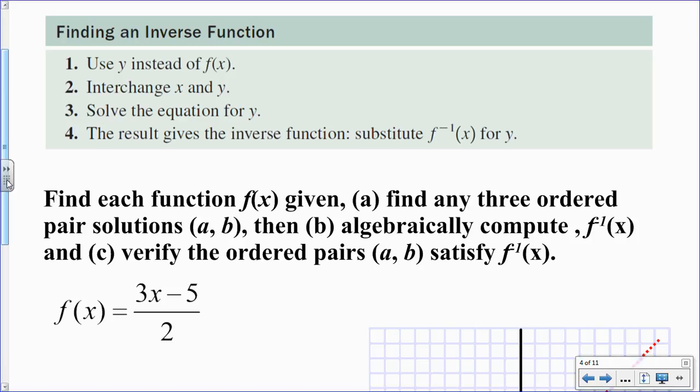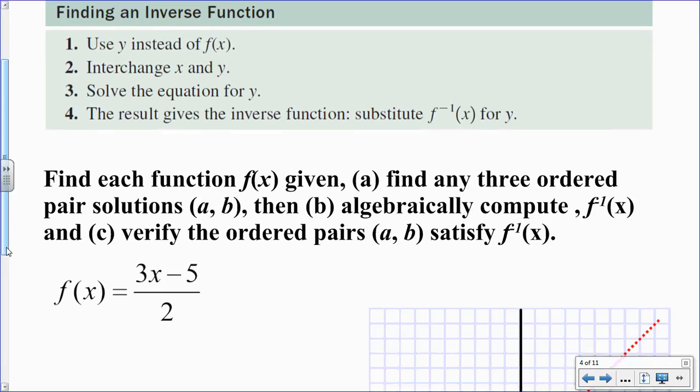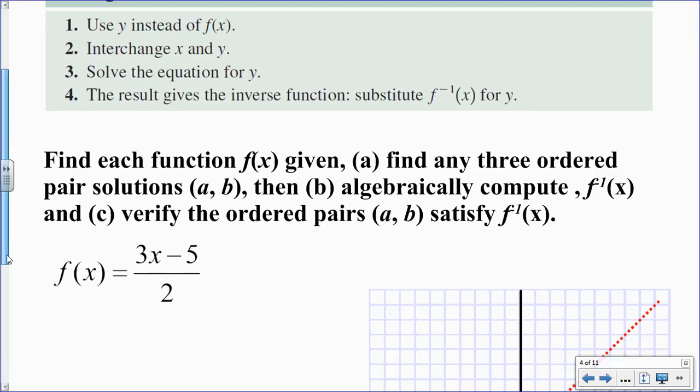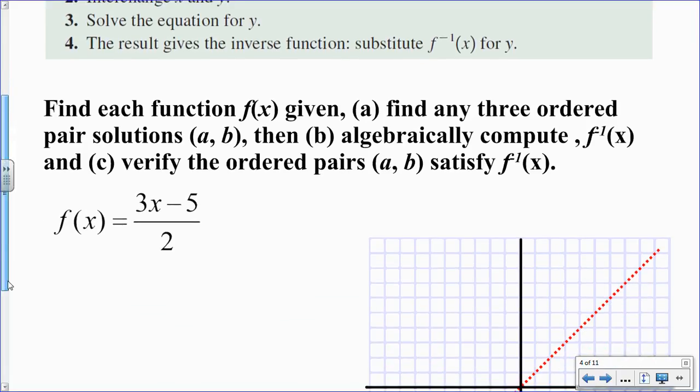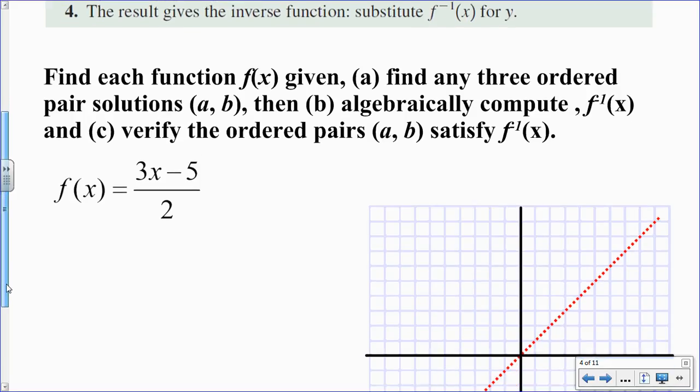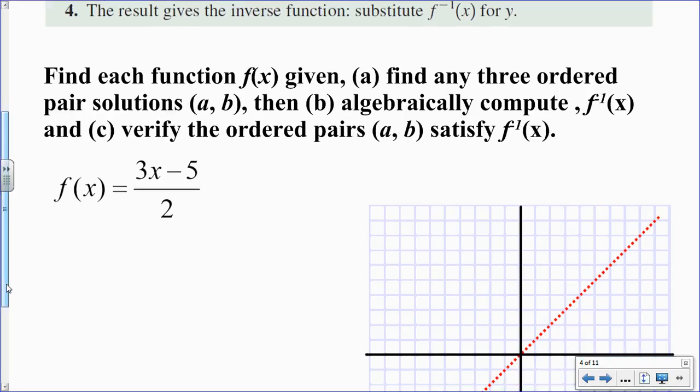Okay, so I'm going to do this problem here. And I'm going to graph it as well, even though it does not tell me to graph it. I'm going to go ahead and do that. So first thing is I want to find any 3 ordered pairs for f of x. So I'm going to make a little table for my f of x.